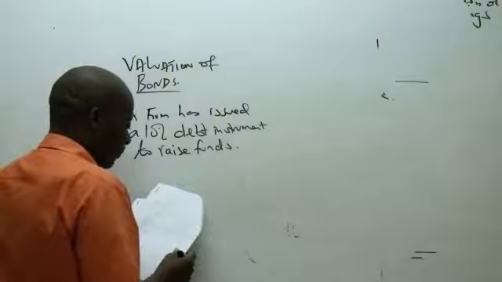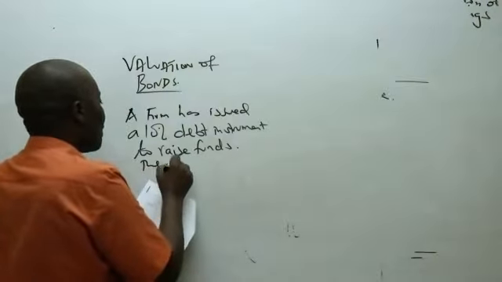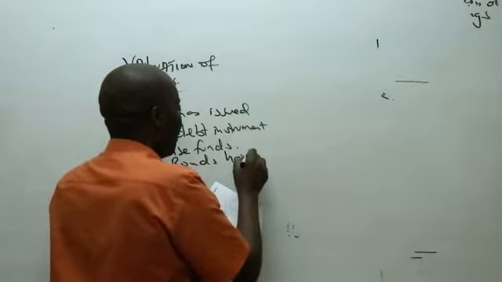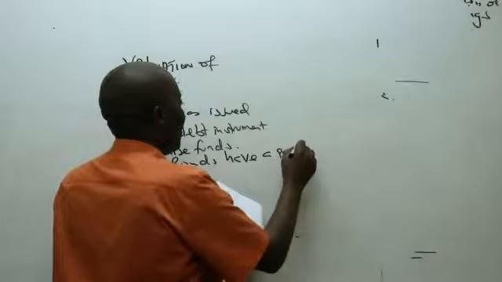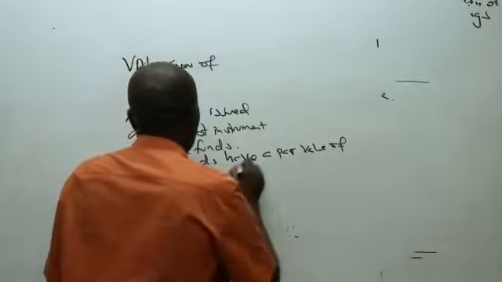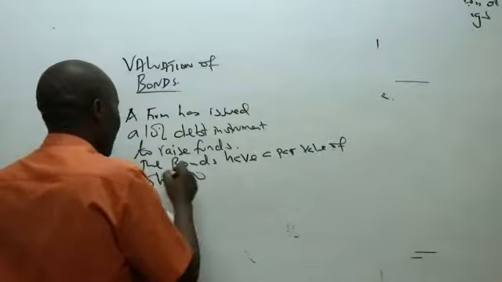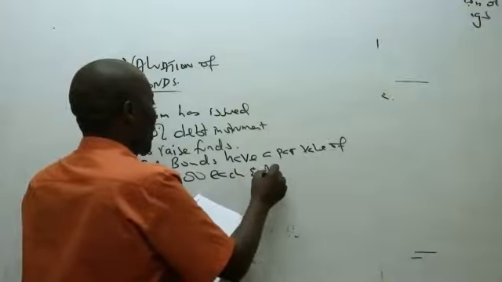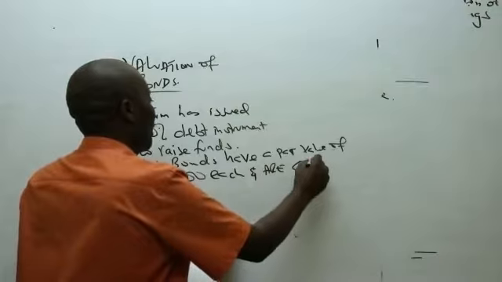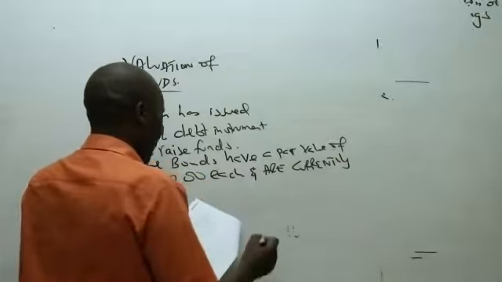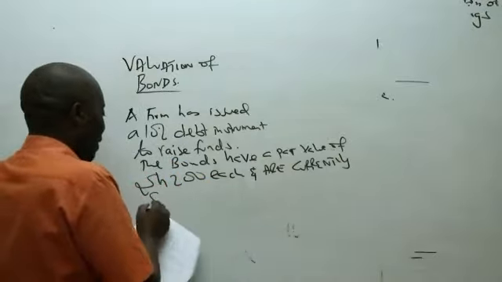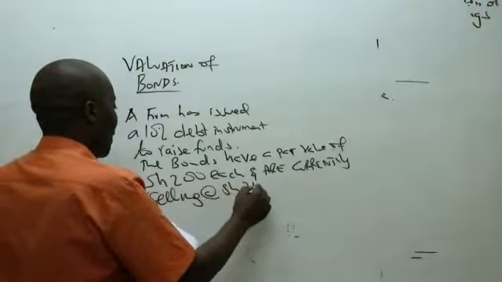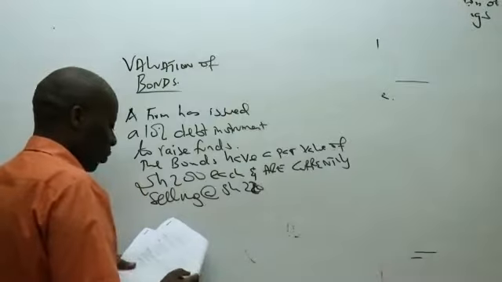The bonds have a par value of shillings 200 each, and are currently selling at shillings 220.